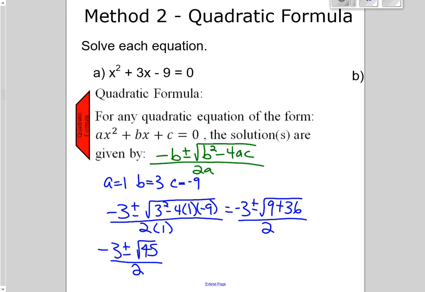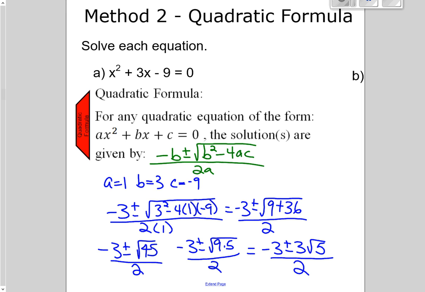Now, the square root of 45 is the same thing as 9 times 5, so I can simplify this a little bit. This is where our radicals come into play. 9 times 5 is 45, which is going to give me -3 plus or minus 3 root 5, all divided by 2. Now, we can't simplify that any further. We can't divide.